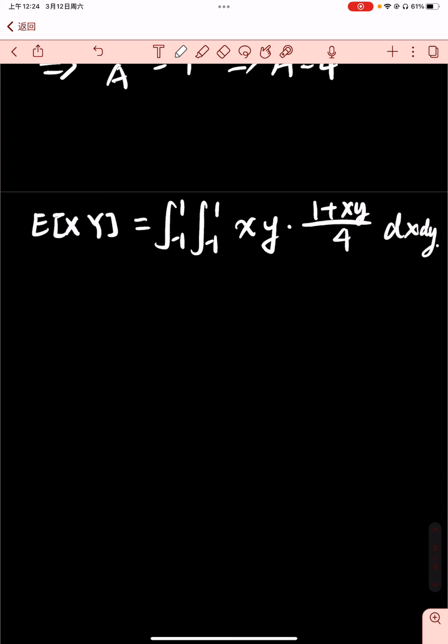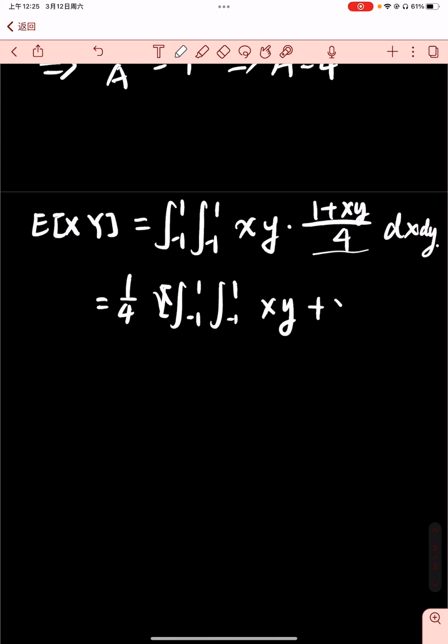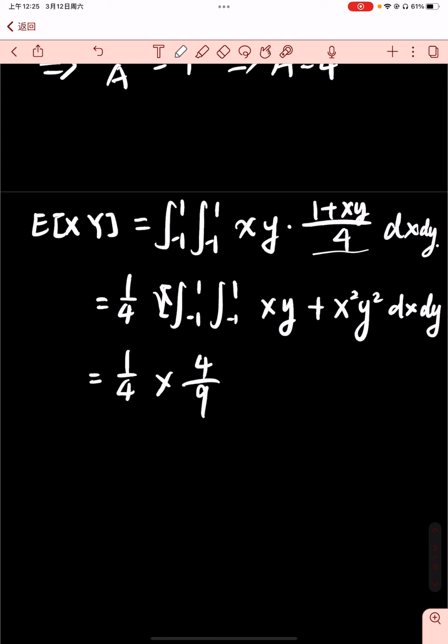We can take the 1 over 4 out and integrate xy plus x squared y squared, dx dy, from -1 to 1. The solution is 1 over 4 times 4 over 9, which is 1 over 9.